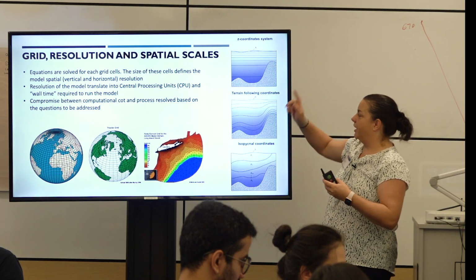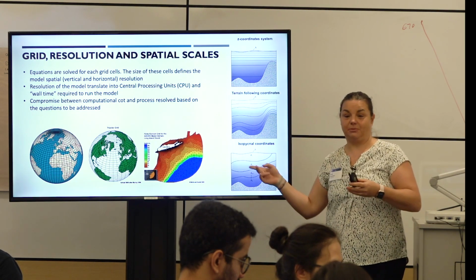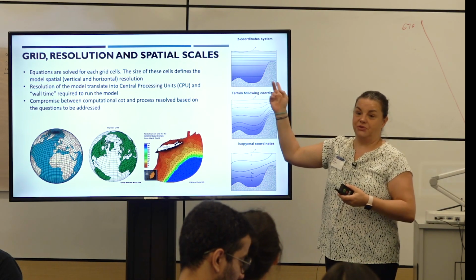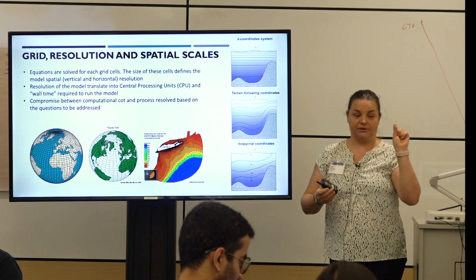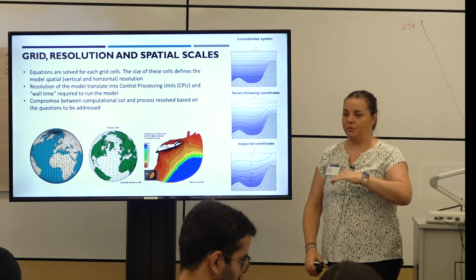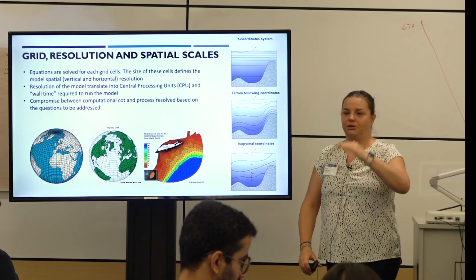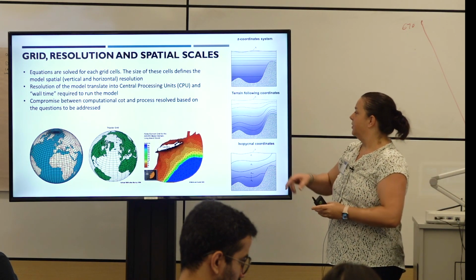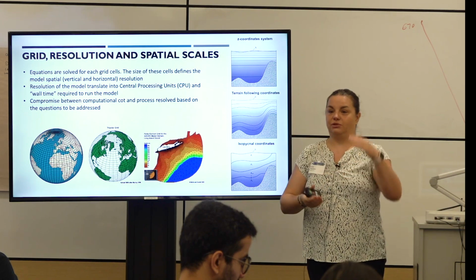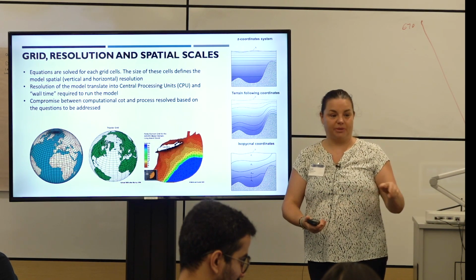Vertically, same thing. These are just some subset, by the way. You have a series of options. The most common is something we call the Z coordinate. It just means that your layers are fixed. So your first layer is always like 0 to 20 meters, then the second is 20 to 40. You can also have terrain following coordinates. In this one, the depth changes depending on the bathymetry.